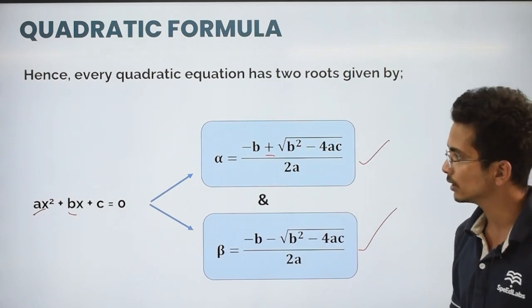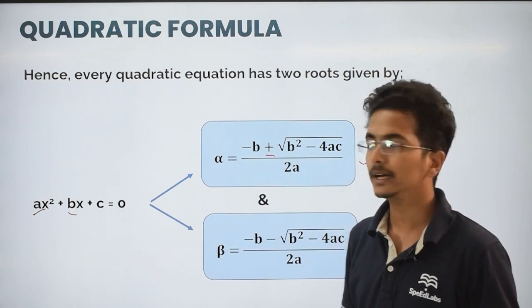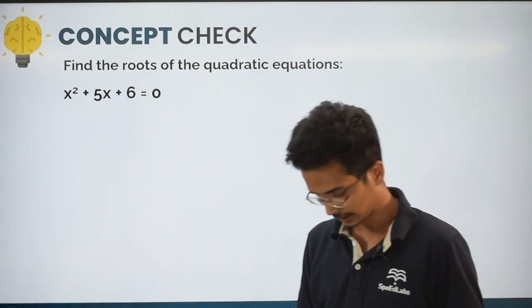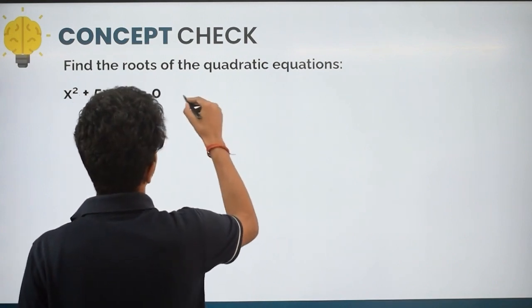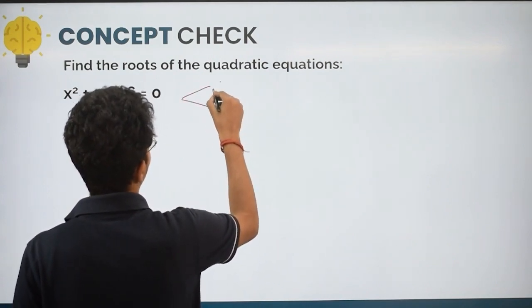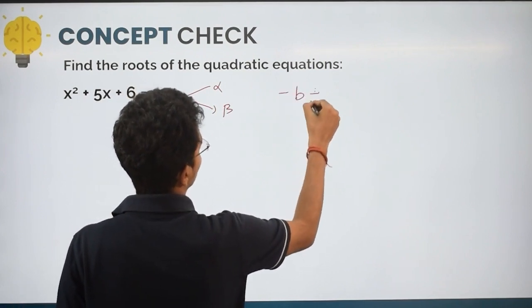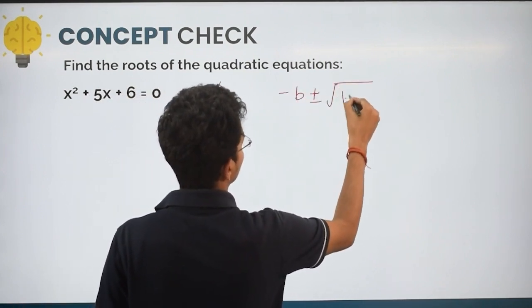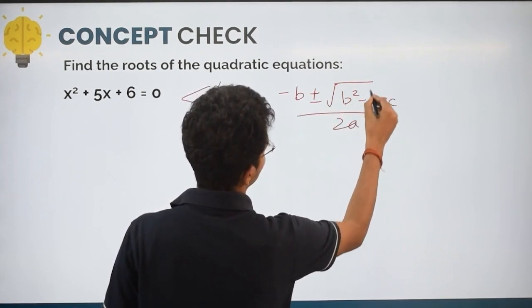So now we will solve some questions based on this formula, Sridharacharya's formula, right? So this is the first question. Let's solve it here. We have found the formula, because every quadratic equation we know that there are two roots alpha and beta, and they are given by minus b plus minus under root of b square minus 4ac upon 2a, right?